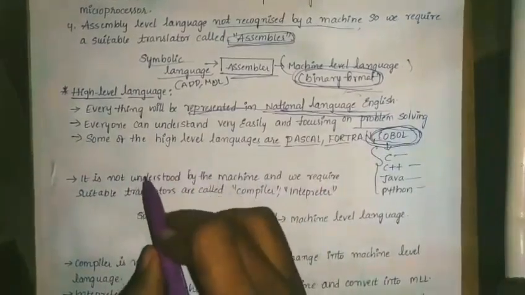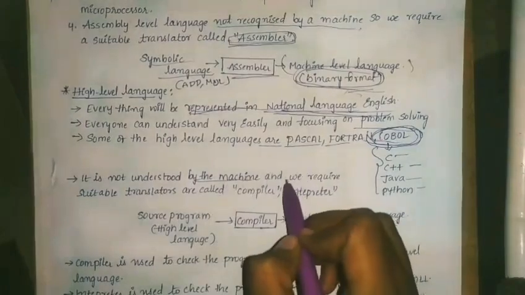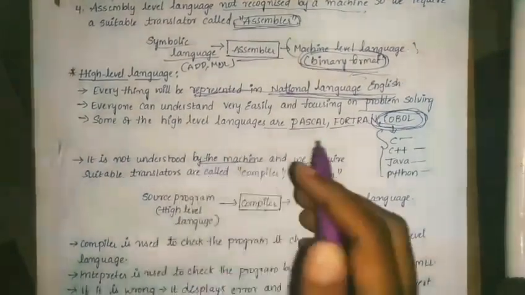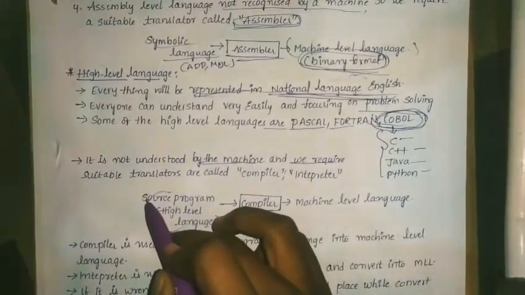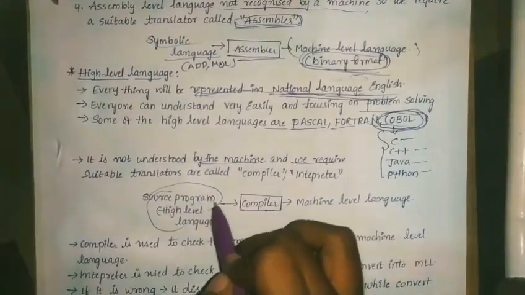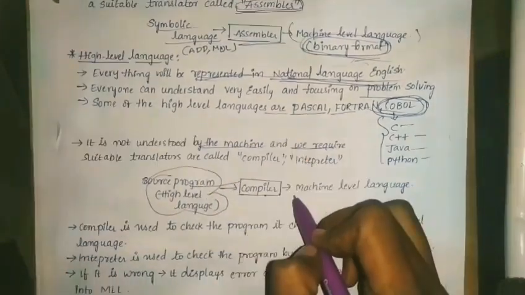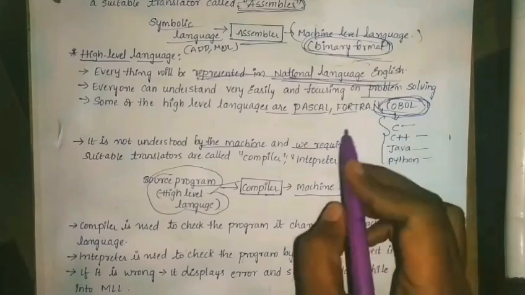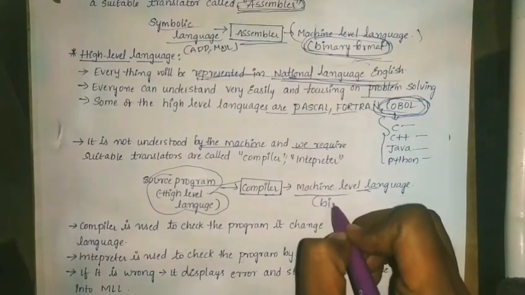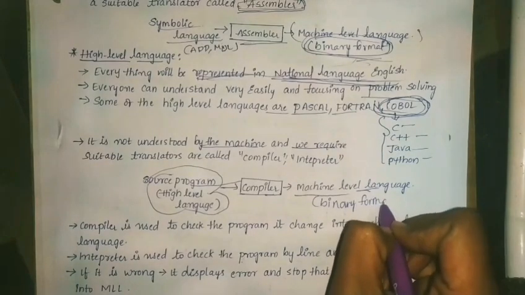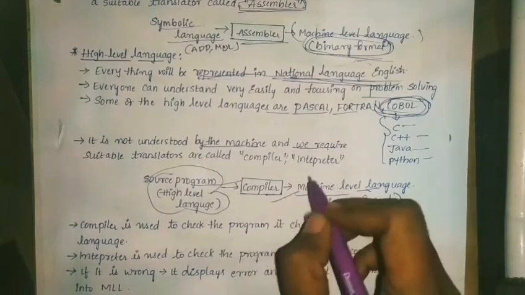Okay, it is not understood by the machine, so we require a compiler. It translates the source program, which we write in natural language English, into machine level language, like binary format, by using a compiler.